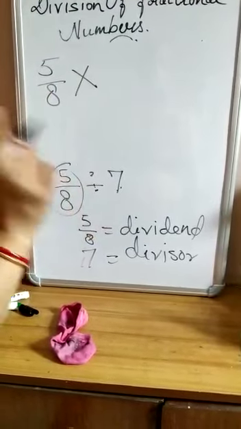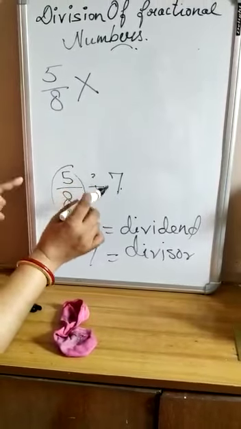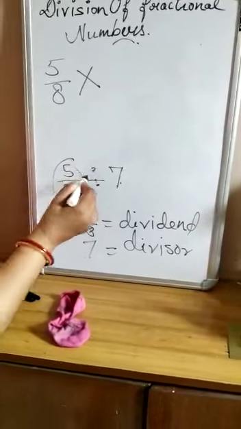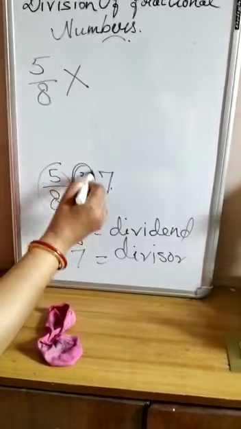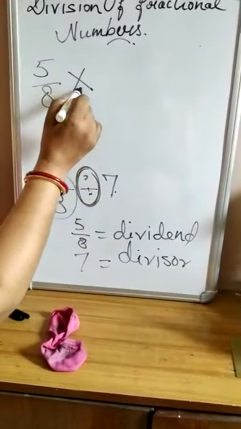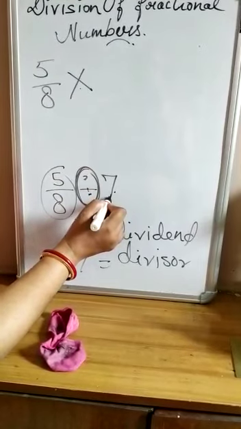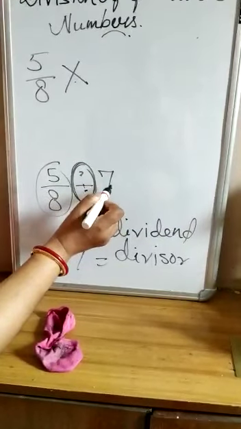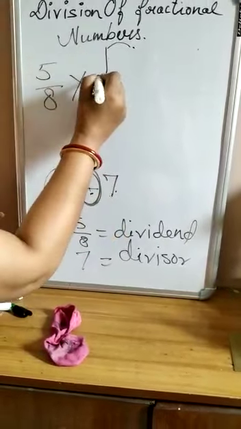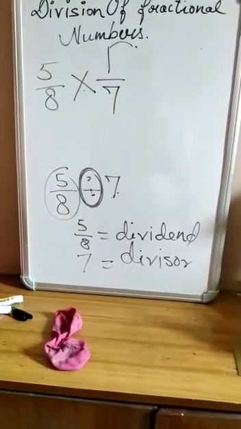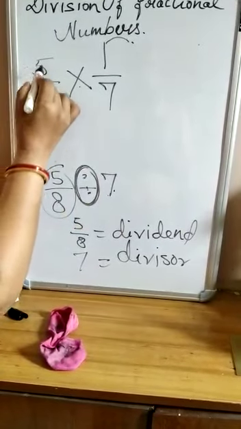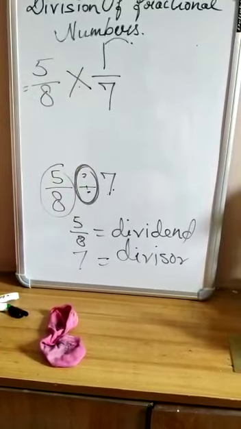Correct? Most important thing, when you are doing division with fractional numbers, you have to change the sign of division to multiplication, and then you have to write down the reciprocal of the divisor. What is the reciprocal of the divisor? 1 by 7. Correct? Now, here 5 by 8 is multiplied by 1 by 7.